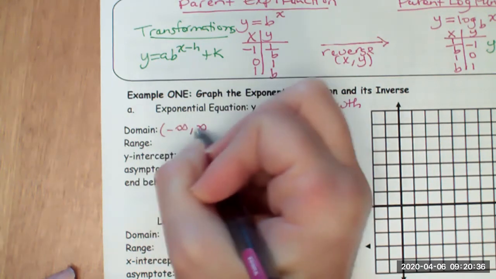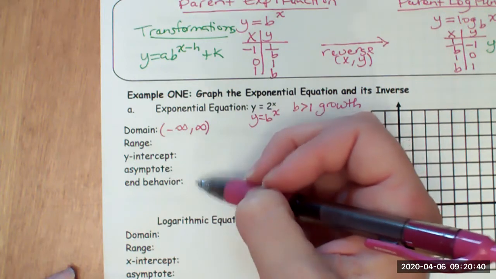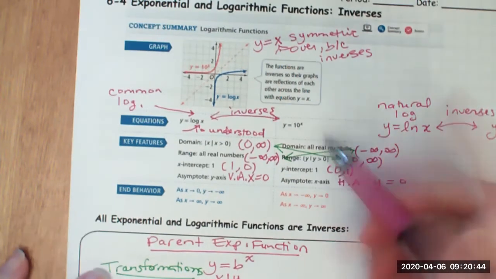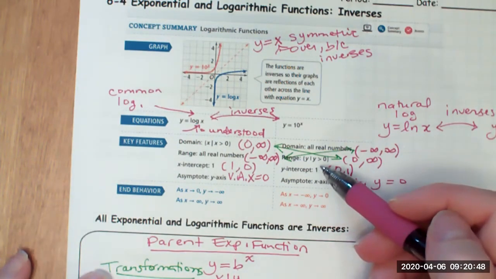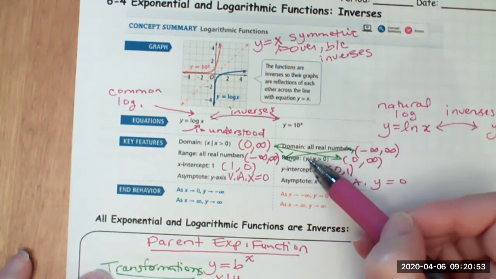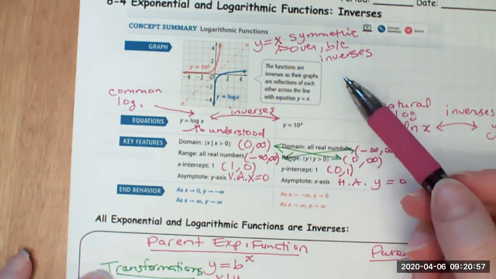We were looking at this above because basically the domain, range, the y-intercept, the asymptote, and the end behavior are going to be exactly the same as what we had up here for y equals 10 to the x. Okay, that's going to be true of any parent exponential function that we haven't translated left, right, up, or down.